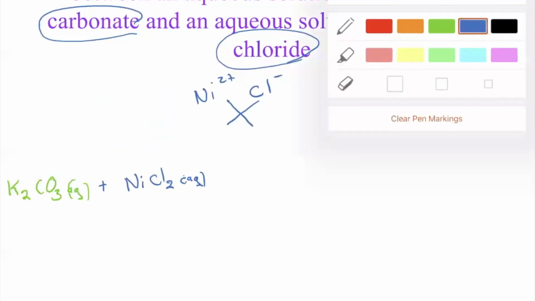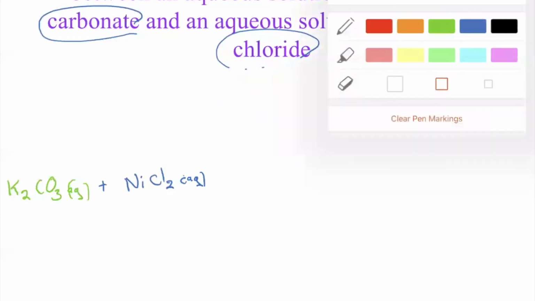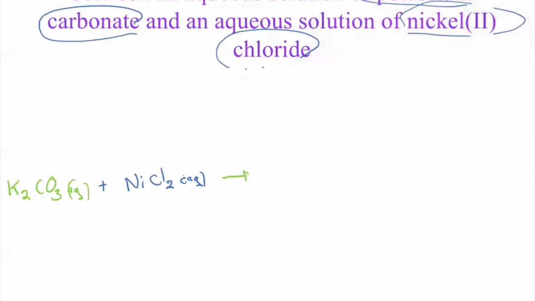Now you have to figure out your products. How do you figure out your products? What I'm going to do is separate and put one on top of another. So look, potassium plus carbonate CO3 2 minus, and the other compound is nickel 2 plus and chloride minus.